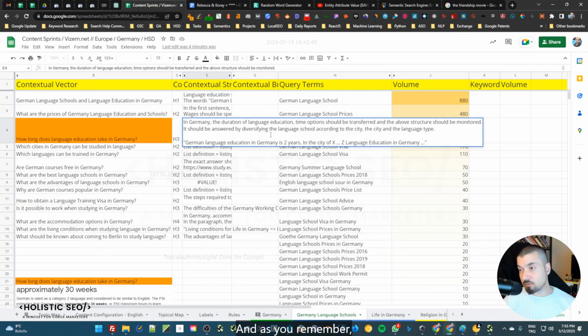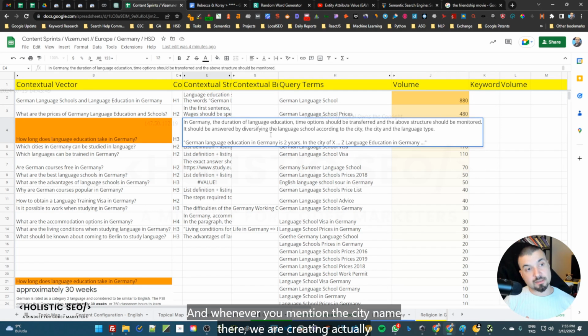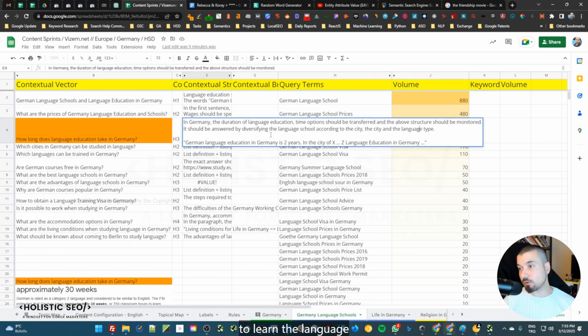And as you remember, we also mentioned the city names, like safest cities. Whenever you mention a city name there, you are creating a connection to somewhere else, because according to the safety or prosperity of the city, the person might prefer that specific city to learn the language, because the person will need to stay there during the total weeks.